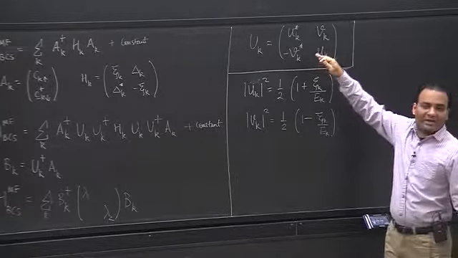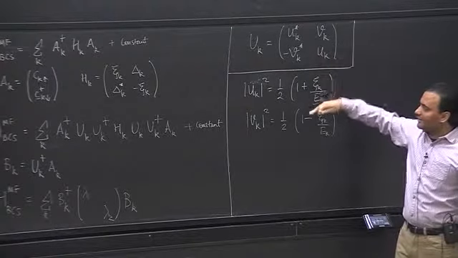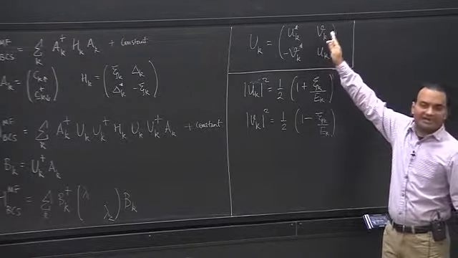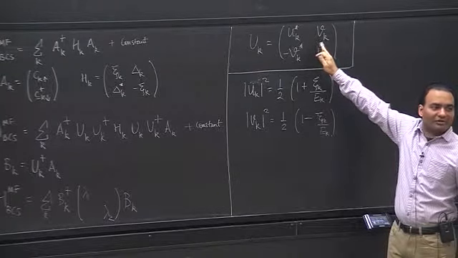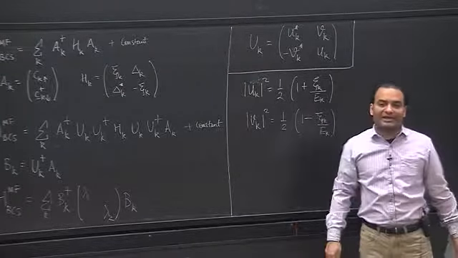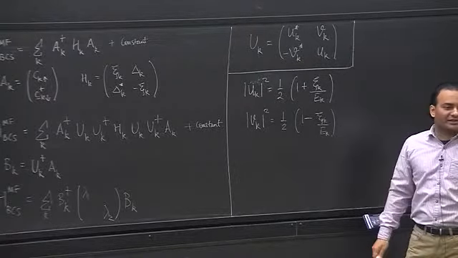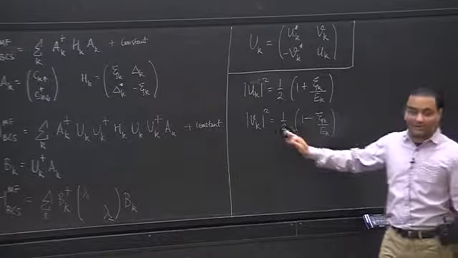I chose these parameters in a way that I will get this answer. So this is just a general way. We don't know what U's and V's are. General way of writing down a unitary transformation. Impose the constraint that the matrix is diagonal. You'll get these values for UK square and VK square, absolute value square.